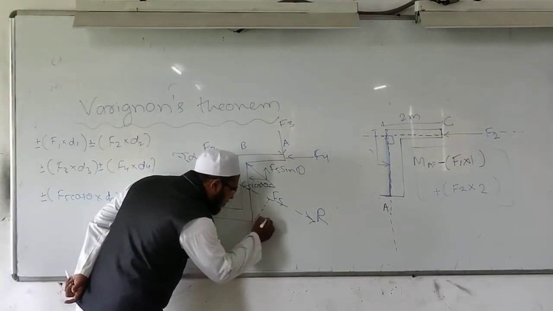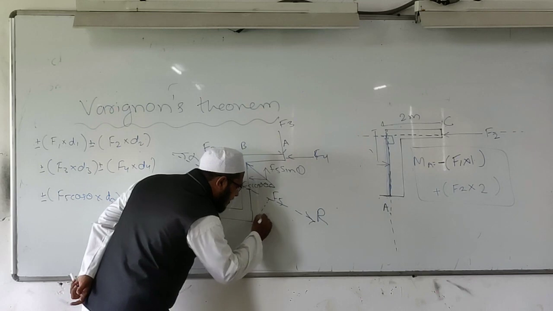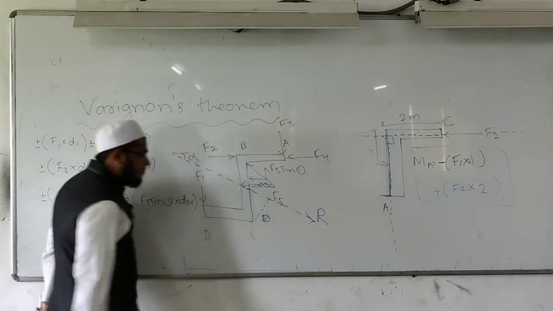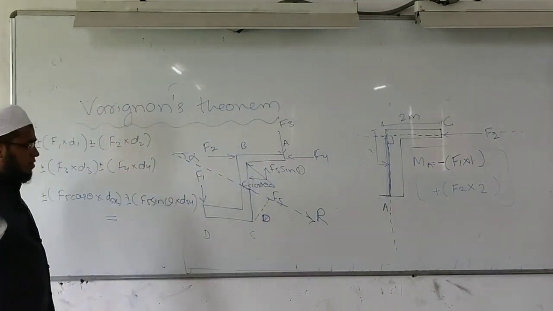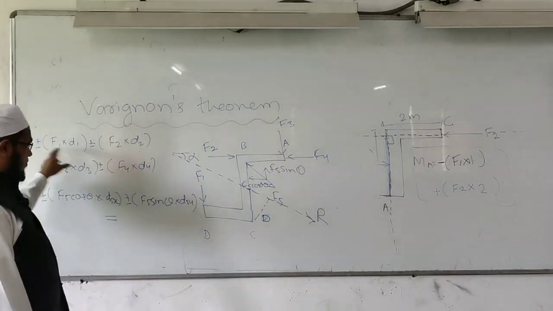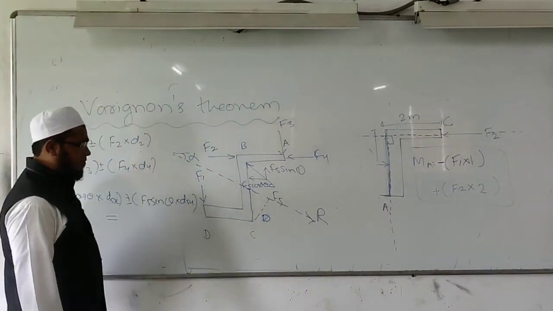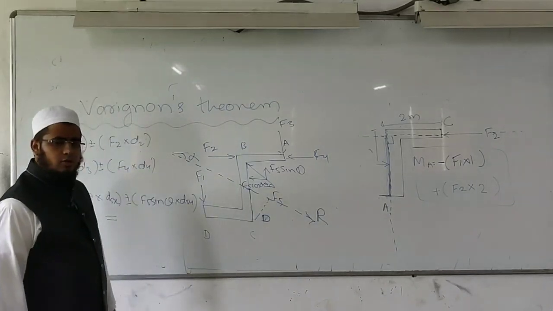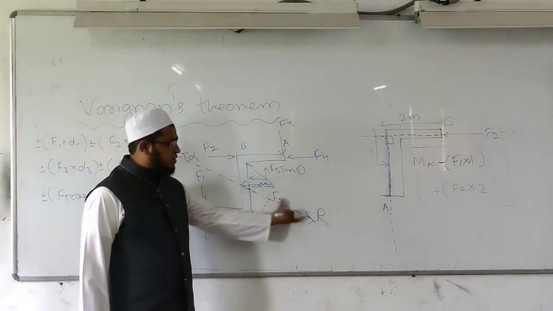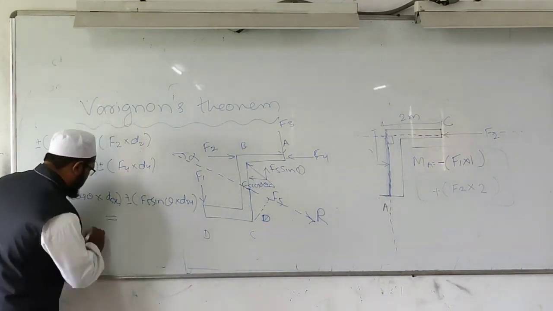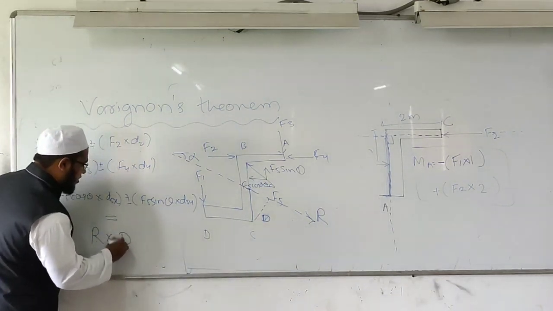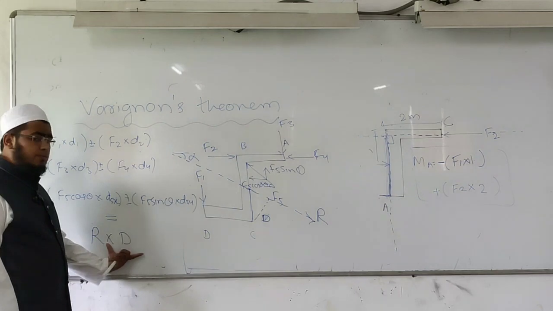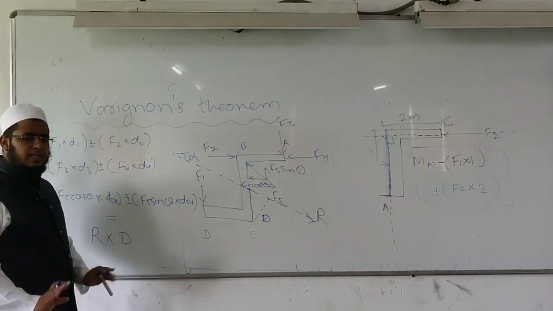So I will consider capital D as the perpendicular distance of the resultant from the moment center. My moment center is C. That's why I will calculate the moment due to the resultant R. The moment is the magnitude of the force, here R, into the perpendicular distance D. R into D. It is very easy.